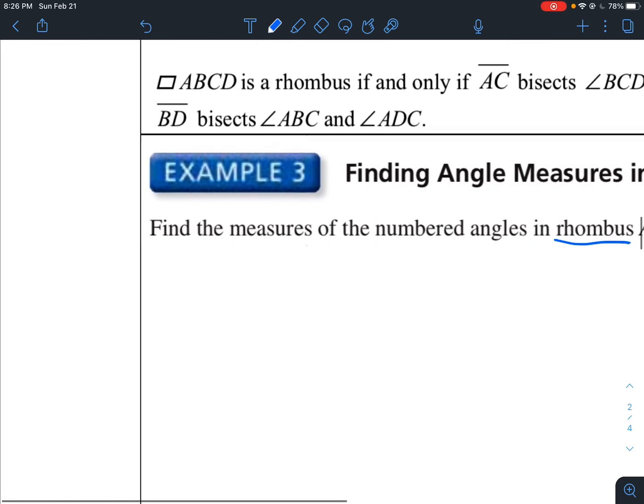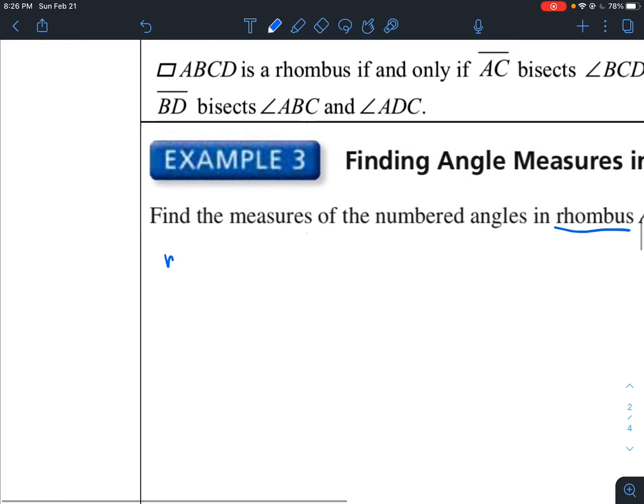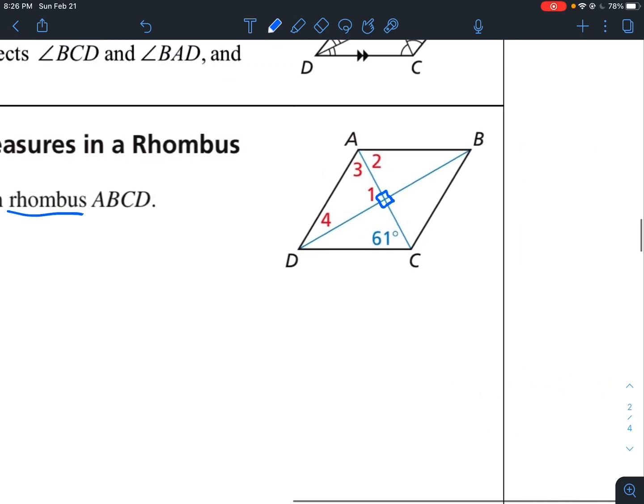So that means the measure of angle 1 has to equal 90 degrees. So that one's kind of an easy one. Now let's go to angle 2. Angle 2 is an alternate interior angle with this angle right here.